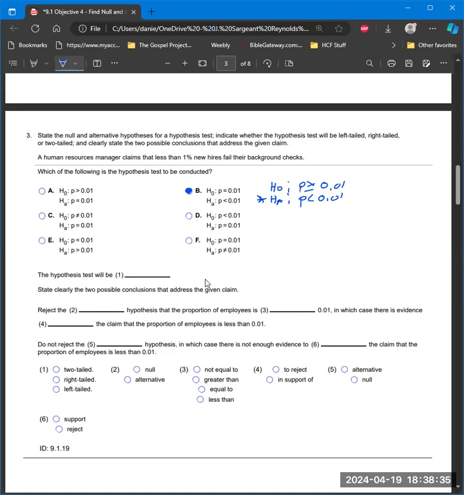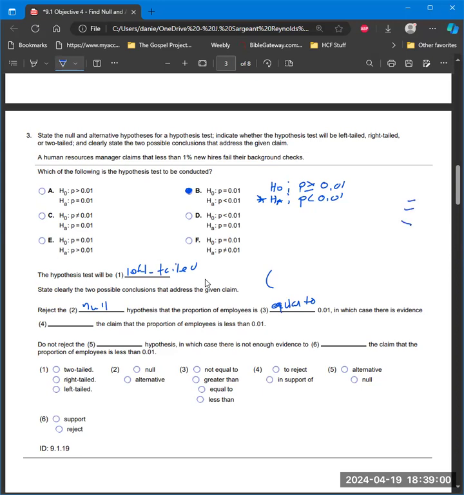So the hypothesis test will be left-tailed. You can reject the null hypothesis. And then they're going to say equal to here. They're trying to emphasize equality, but we have 3 types of symbols that have equality.